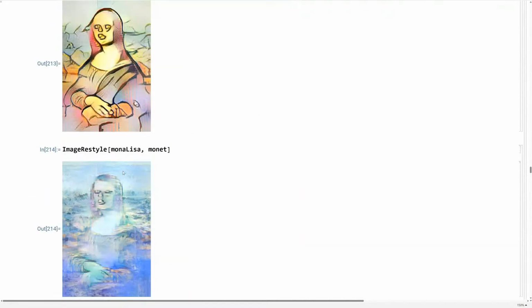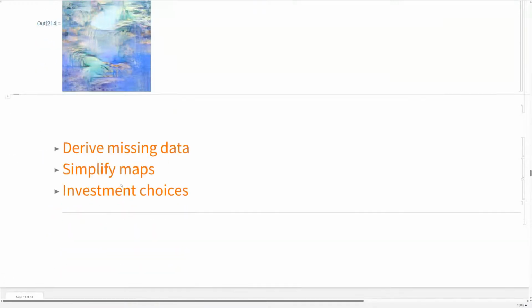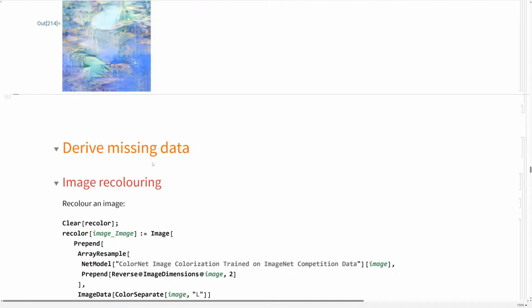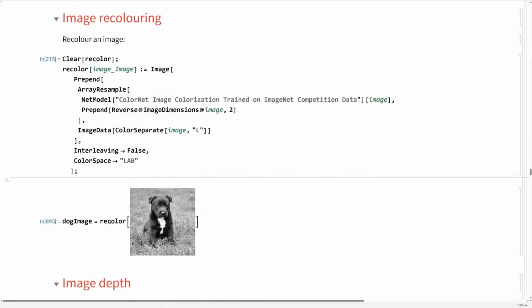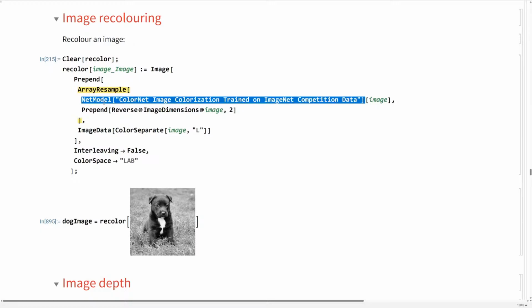And this one, I'm restyling the Mona Lisa for the Monet style. Derive missing data. So yeah, this one is to color the image, which we gave a black and white image of the dog. And this one is referring to this neural net in our neural net repository, which I'll probably show later.